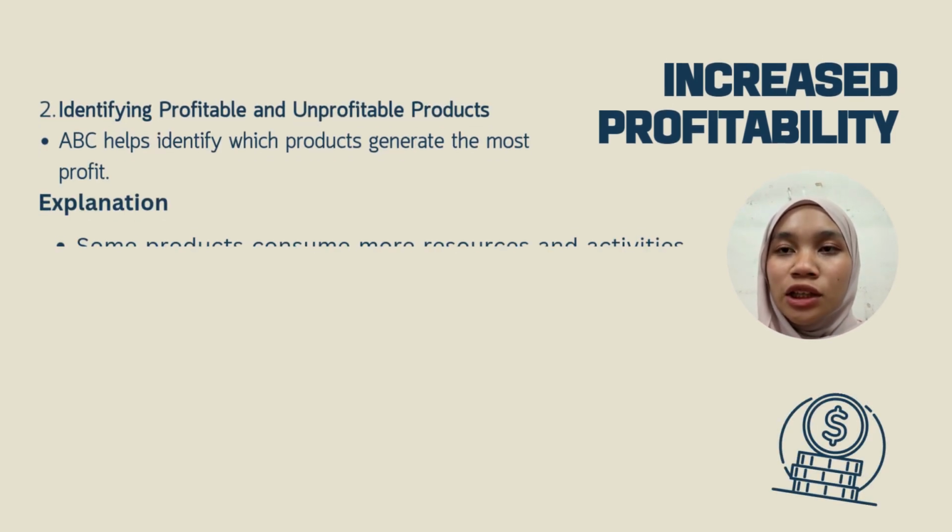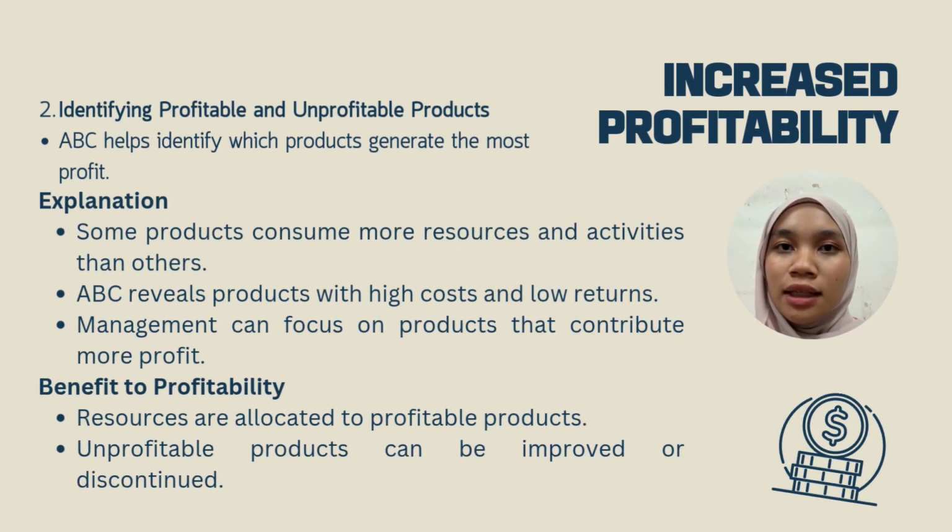The second pillar of ABC is the ability to identify profitable and unprofitable products. In any multi-product business, not all products are created equal. Some items are complex and consume a massive amount of hidden resources and activities, while others are simple and highly efficient. Traditional costing hides this reality.